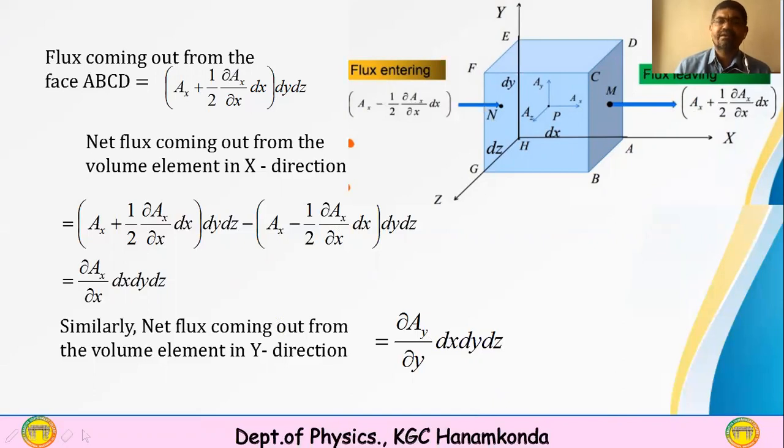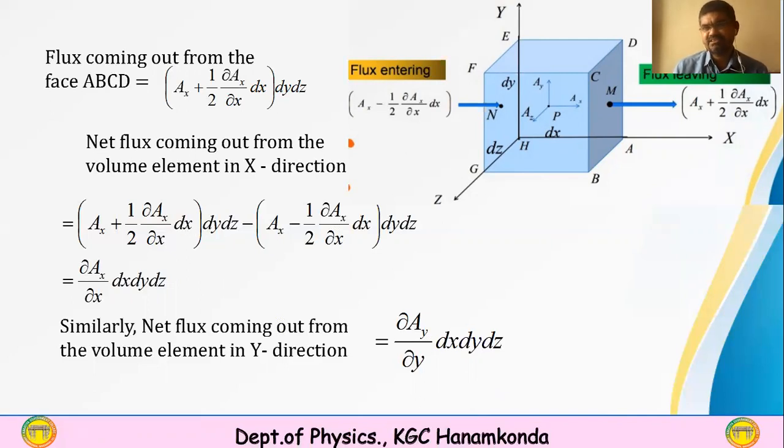Now I want to calculate the net flux coming out from the volume element along the x direction. Net flux means leaving flux minus entering flux. Therefore, the leaving flux is (Ax plus 1/2 ∂Ax/∂x dx) dy dz.